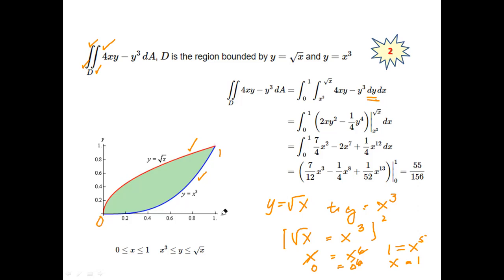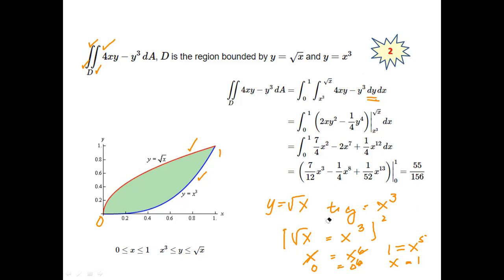So when you integrate this in terms of y, x is a constant, so this would be y squared over 2. That explains that you have 2x left here. And this would be y to the fourth over 4. So that's it. Then you substitute the limits.